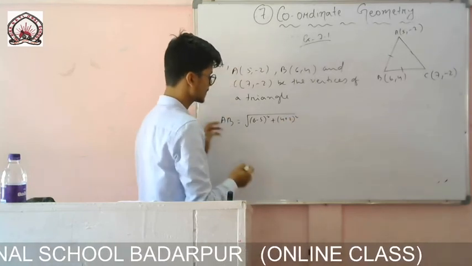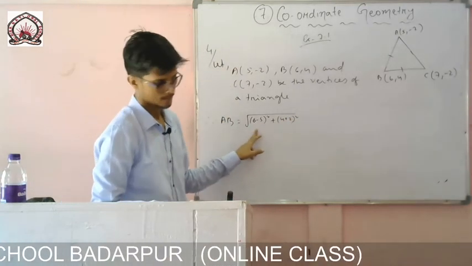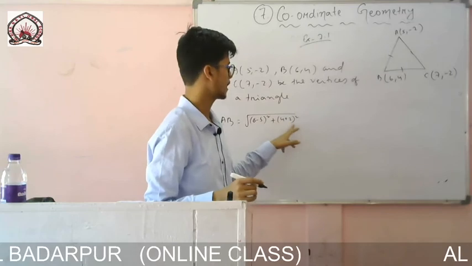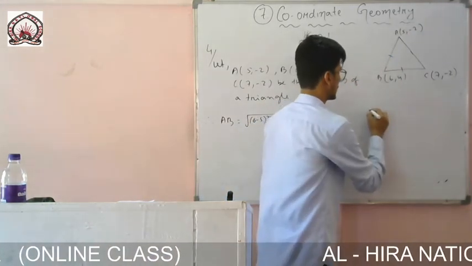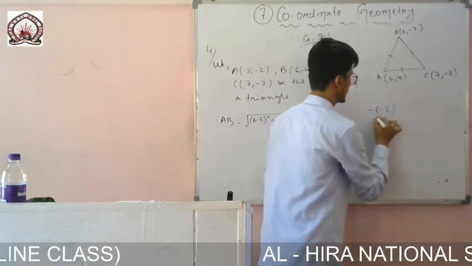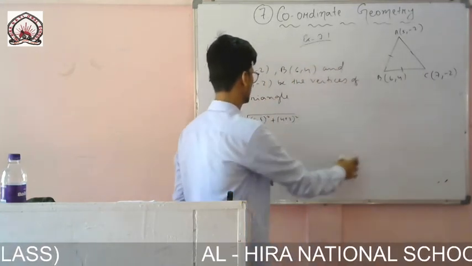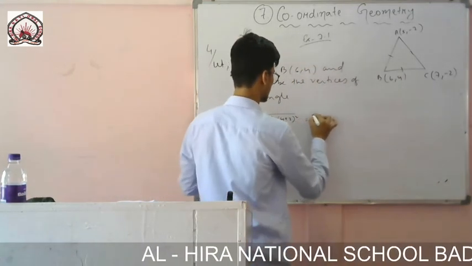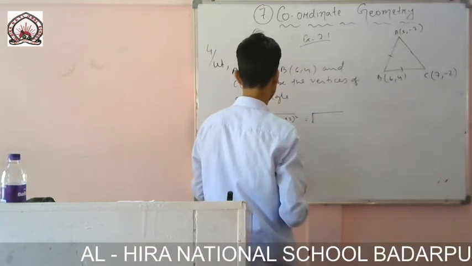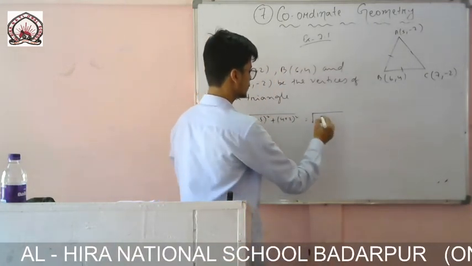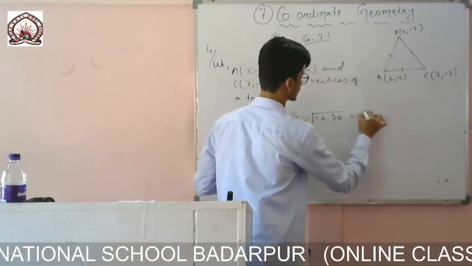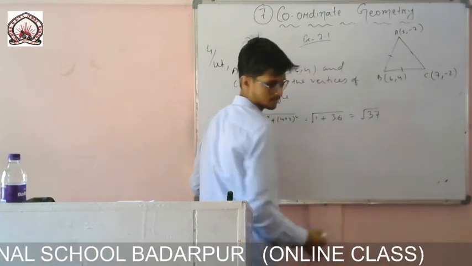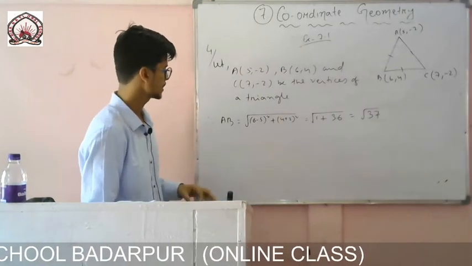Directly I am writing 6 minus 5 and plus 4 plus 2. Why plus sign here? Because there is minus 2, so it will become plus 2. So 6 minus 5 is 1, 1 square is 1, 4 plus 2 is 6, 6 square is 36. So it is root 37. So first one, AB, is root 37.